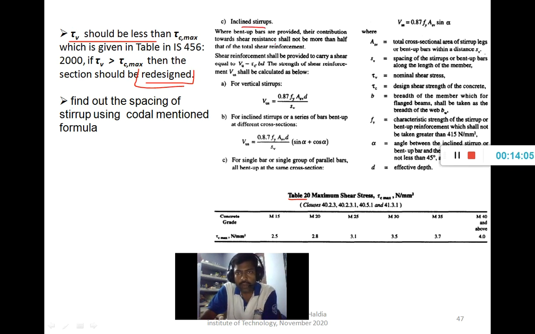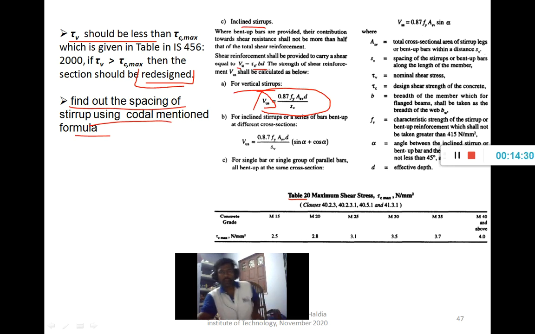For vertical stirrups, find out the spacing of stirrups using the codal formula. Using that formula you can find out the spacing of the stirrups, where Vus is equal to Vu minus tau c bd.